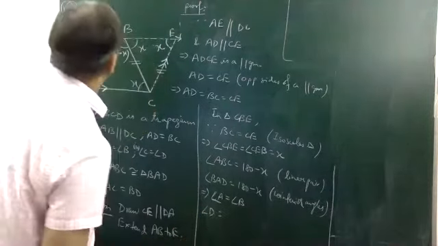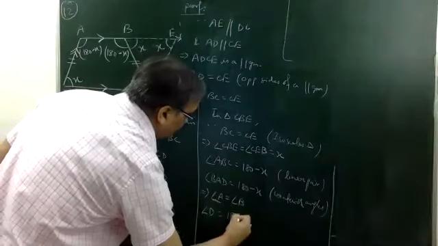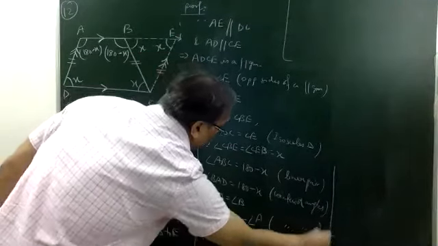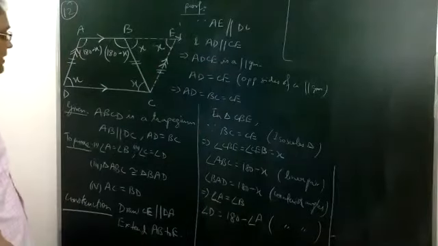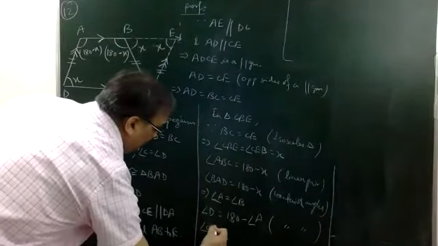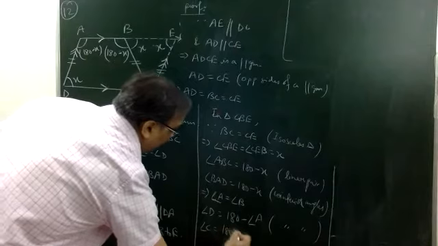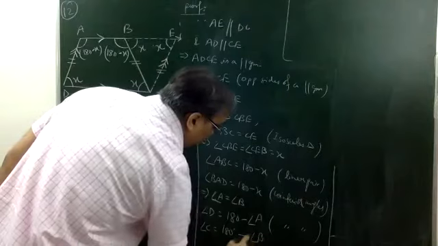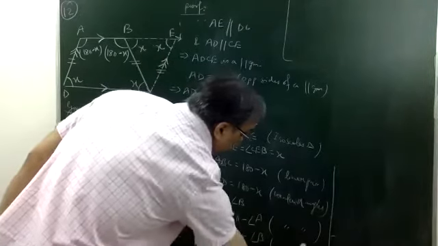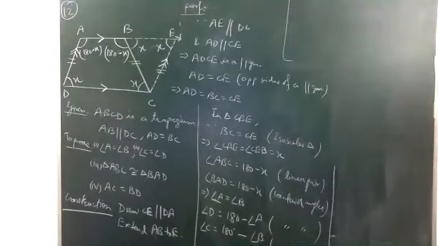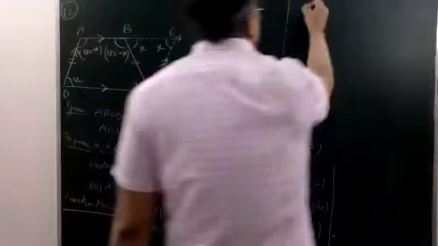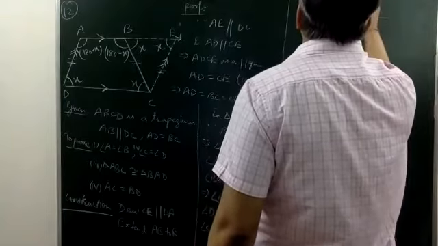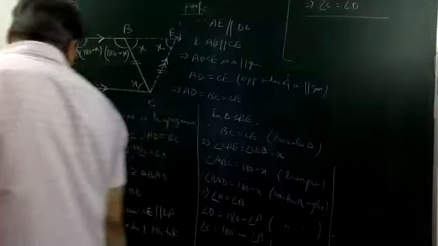Angle D is equal to 180 minus angle A, co-interior angles, and similarly angle C is equal to 180 minus angle B, same reason co-interior angles. This will imply angle C is equal to angle D. ये सेकेंड पार्ट भी हो गया.